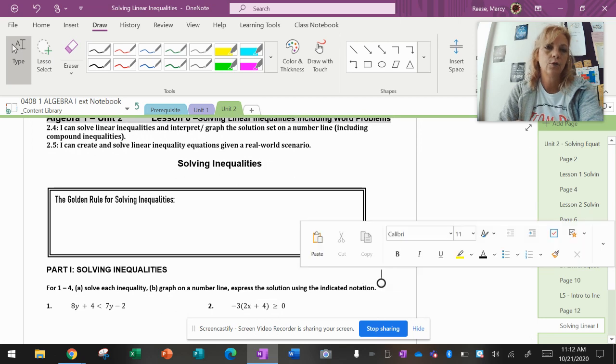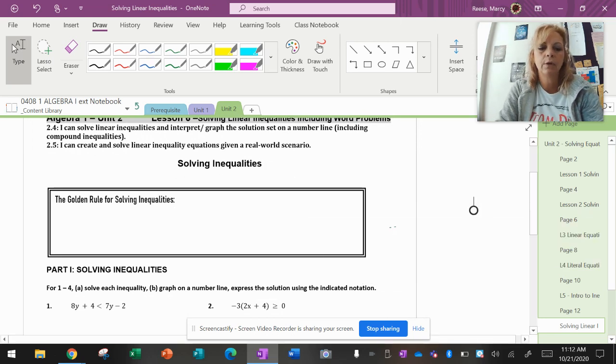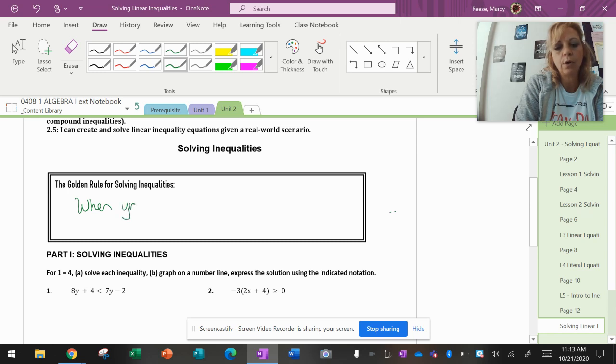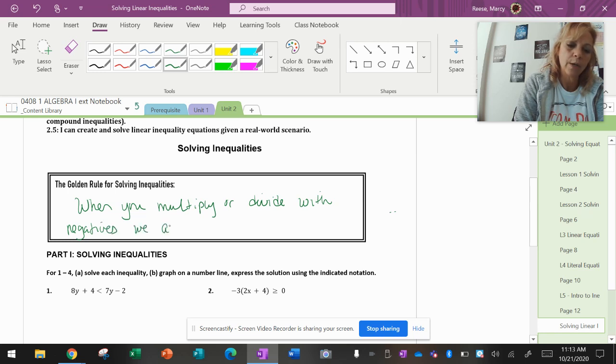Now we're going to get into actually doing some solving with them. First, there's something called the golden rule of solving inequalities, and you might remember this from earlier years. When you multiply or divide with negatives, we always flip the inequality.